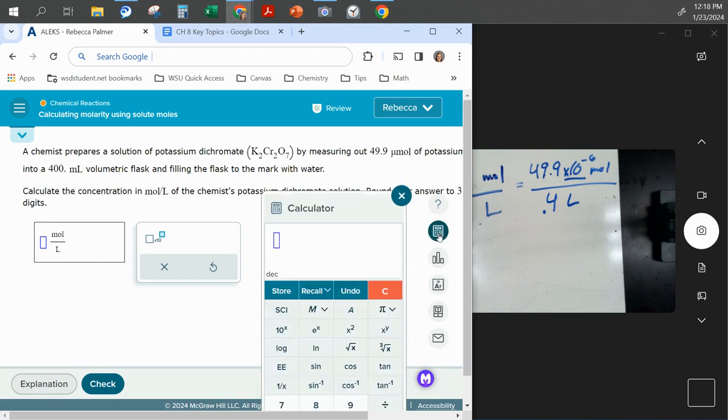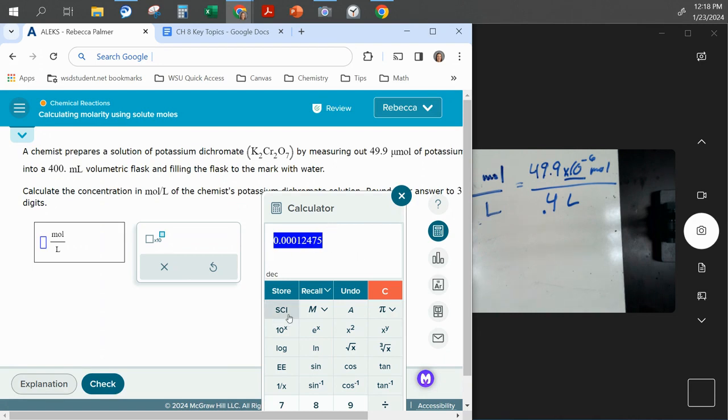So let's see what we get. 49.9 times 10 to the negative 6, because it's micromoles. Now it's moles. Divided by 0.4 liters. Okay, and this is a really small number.